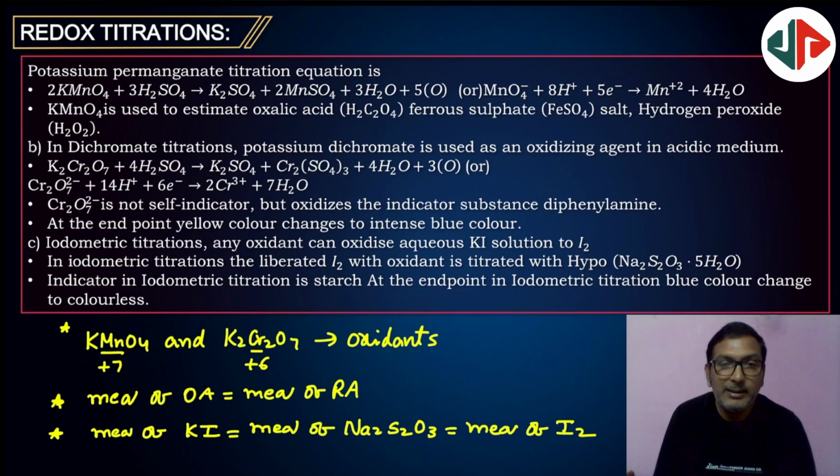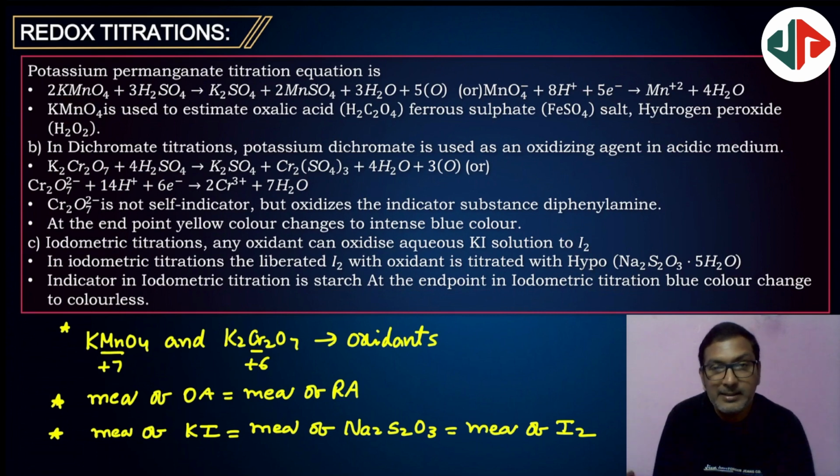So, in iodometric titrations, the indicator is starch. At the end point, that means equivalence point, blue color changes to colorless. When iodine is liberated and reacts with starch, the color will be blue.